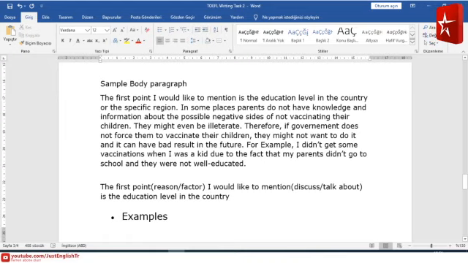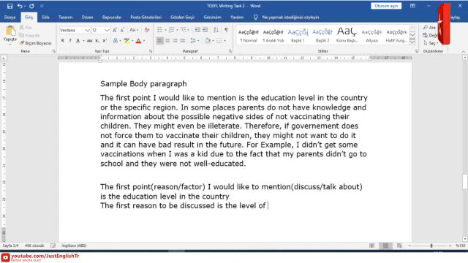Also, what I can do, I can change the sentence into passive structure, and I can say the first reason to be discussed is the level of education.